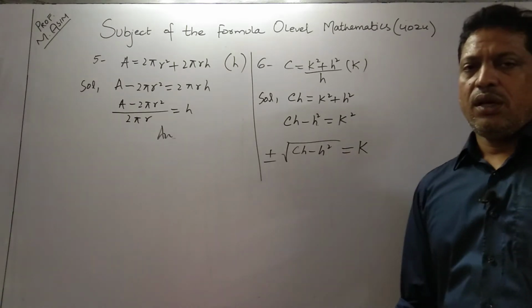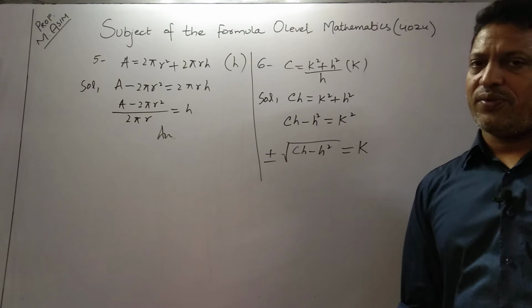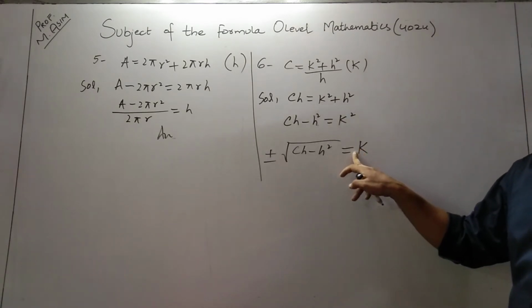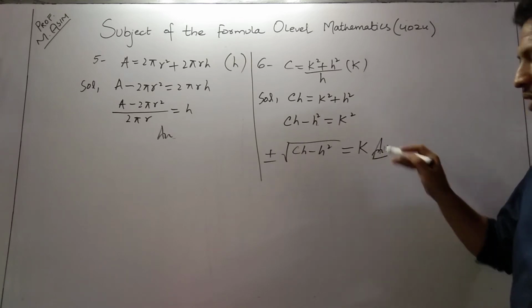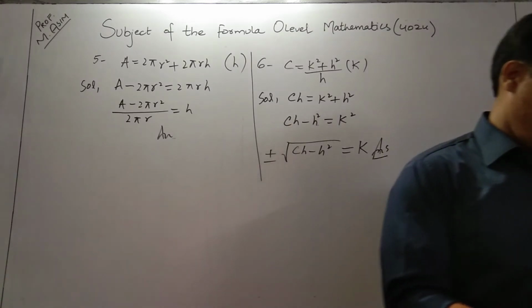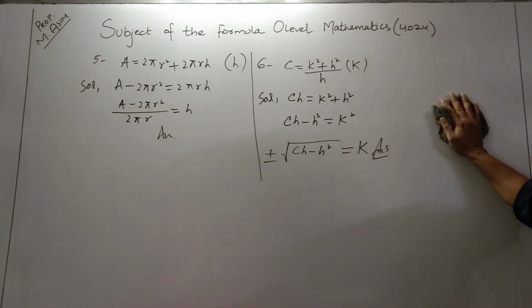Now, we are able to say that k becomes the subject of the formula because there is no coefficient, no exponent and no denominator. This is our answer. Next question. I hope you understand both the parts.